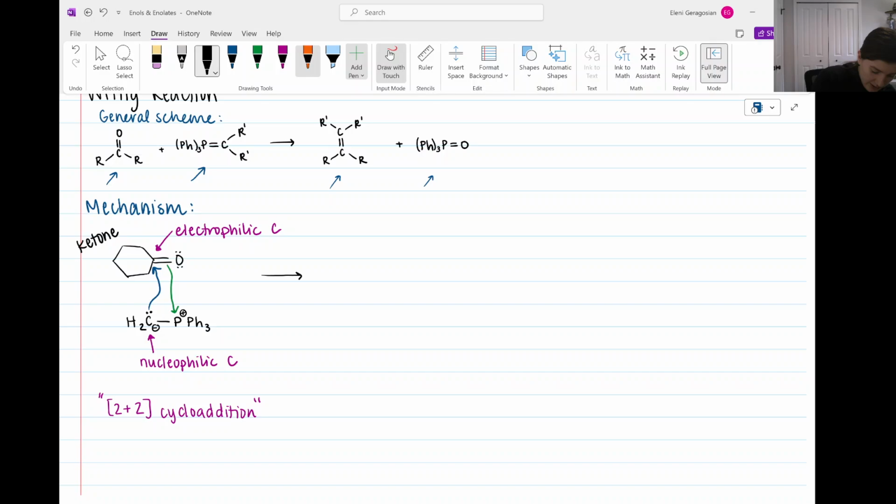So the result of this step, I'm going to draw the 6-membered ring that is still a ring. Now, the carbon to oxygen bond is a single bond. We have a new carbon-to-carbon bond that was formed with the blue arrow, so from the nucleophilic carbon to the electrophilic carbon. So we have a CH2 here.